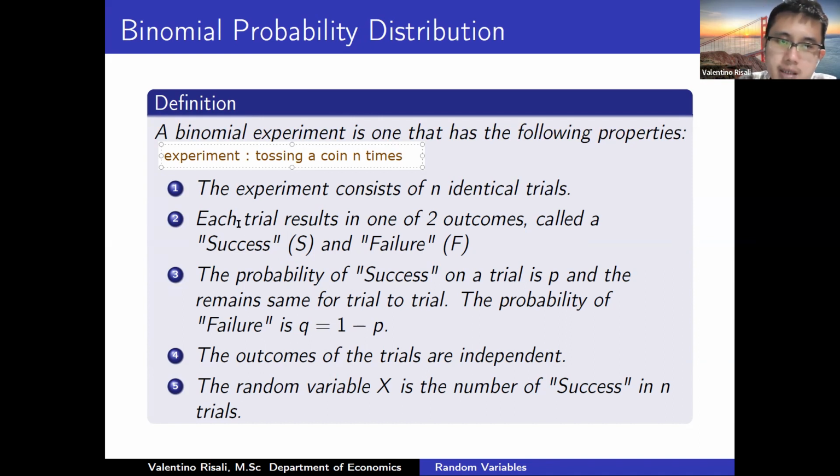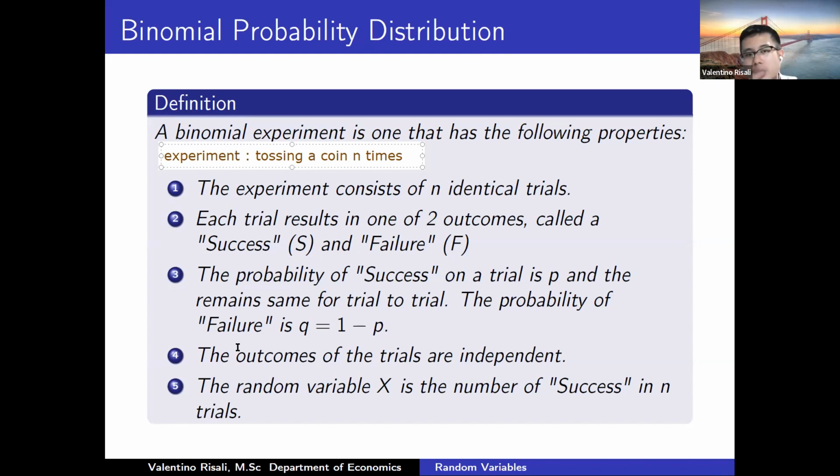And then for each trial, we have only two outcomes and one must occur. We call them the success and the failure. The probability of success of each trial is p, and the same for every trial. Of course, the probability of failure is 1 minus p. And then we assume that the outcomes of the trials are independent. That means if the first toss shows head, it does not influence the second toss.